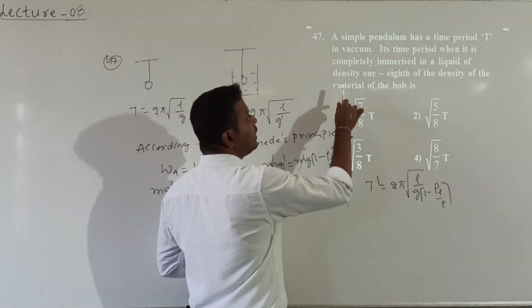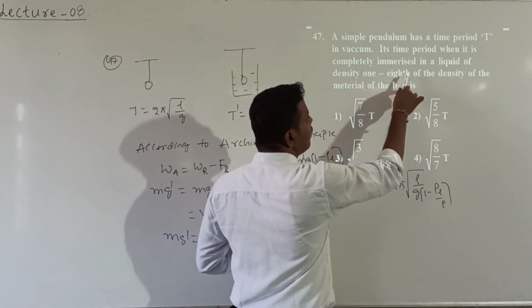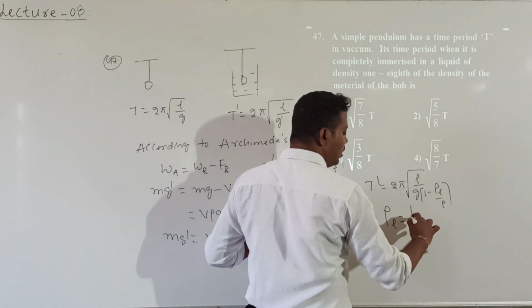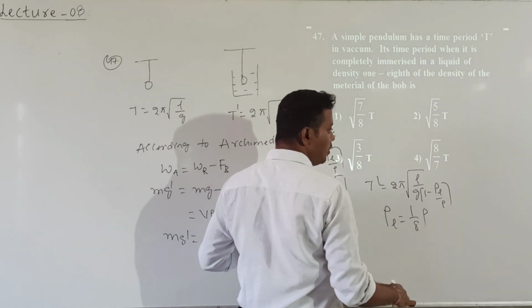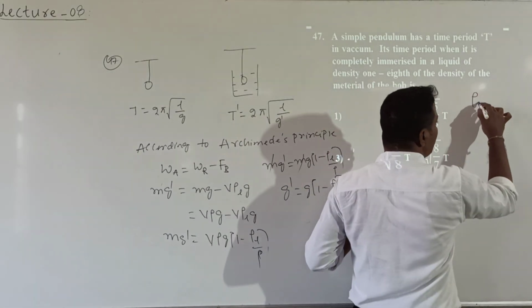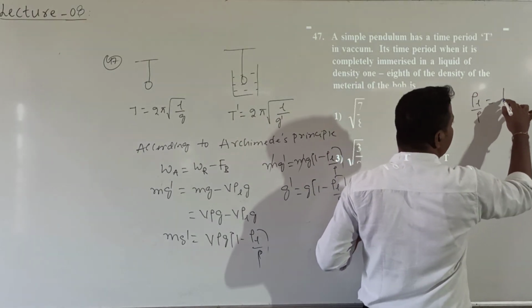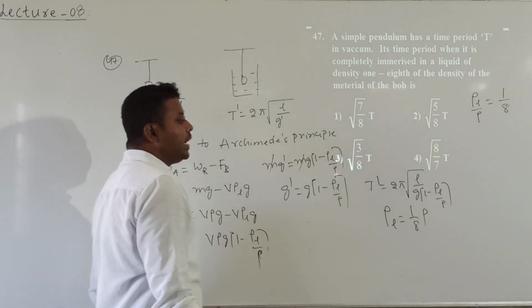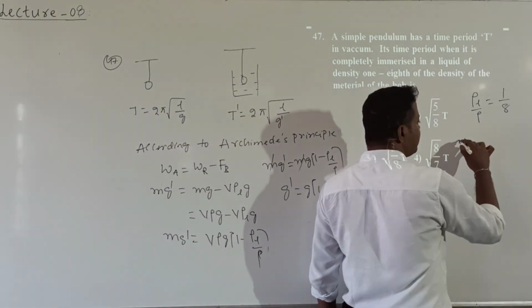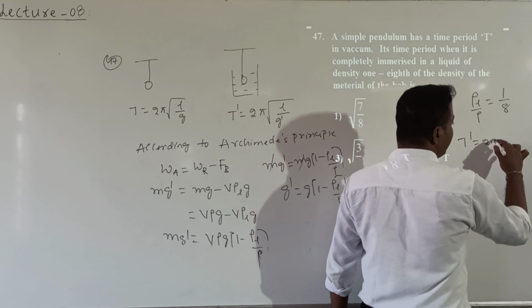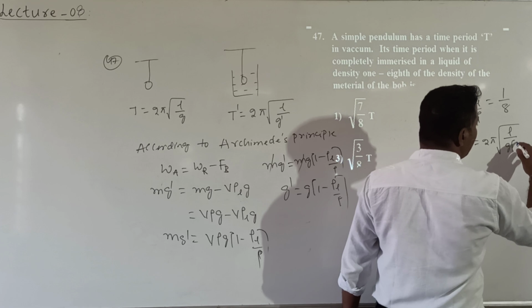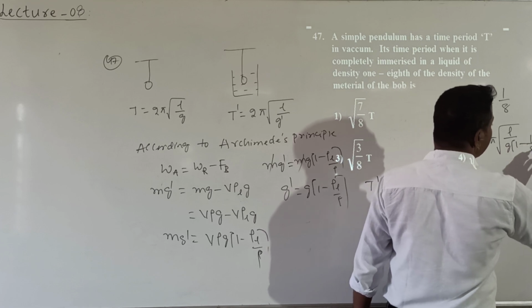They have given that the density of the liquid is 1 by 8 of the density of the material. So rho L is equal to 1 by 8 into rho. From this, rho L by rho is equal to 1 by 8. When rho L by rho is 1 by 8, what happens to T dash? T dash is 2 pi into root over L divided by G into 1 minus 1 by 8.